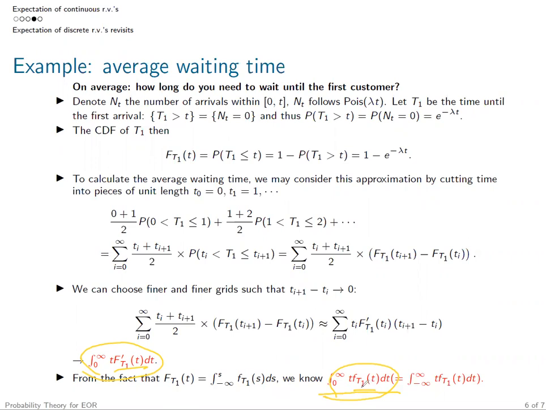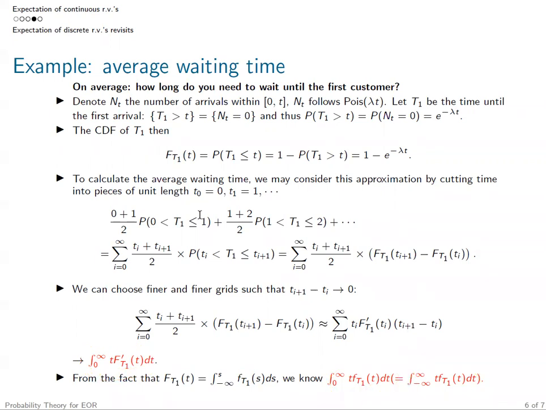If I choose the density function equal to 0 for all negative values t, then we can extend this integration to the whole real line. This way we actually derive a general definition for the expectation of a continuous real-valued random variable.